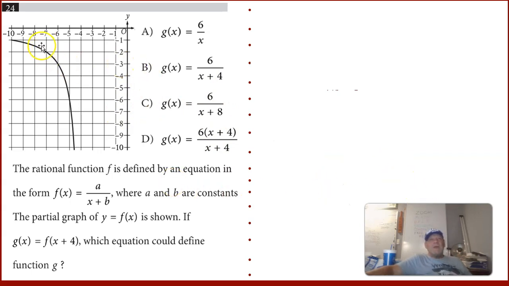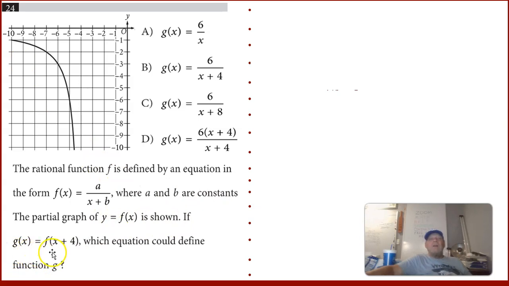So it says we've got this graph. The rational function f is defined by an equation in the form f of x equals a over x plus b. A and b are constants. The partial graph of y equals f of x is shown. So this is just part of the graph.